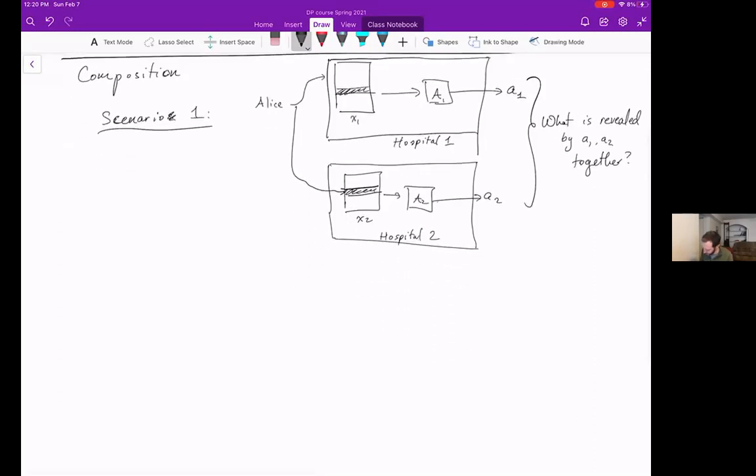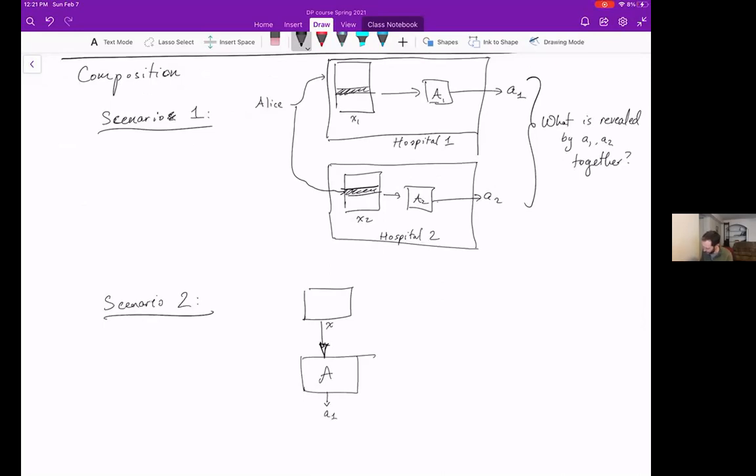Our second scenario is that we've got one data set, X, that is used in two parts of a complicated algorithm. So let's say that X is fed into A1, and A1 produces some output.